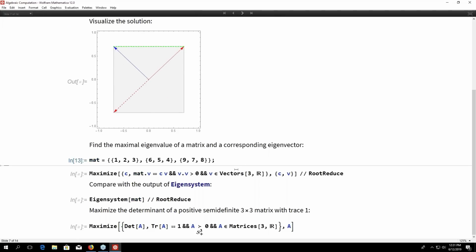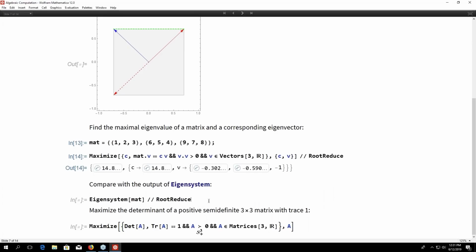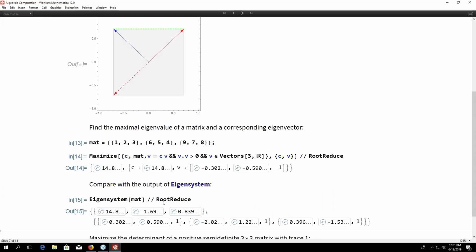Here is how we solve optimization problems for matrices. So this encodes finding the maximal eigenvalue of a matrix right from the definition of eigenvalue. And here we got the maximal eigenvalue and the eigenvector. And we can compare it with the computation done by the Eigensystem function, and indeed the maximal eigenvalue is here.